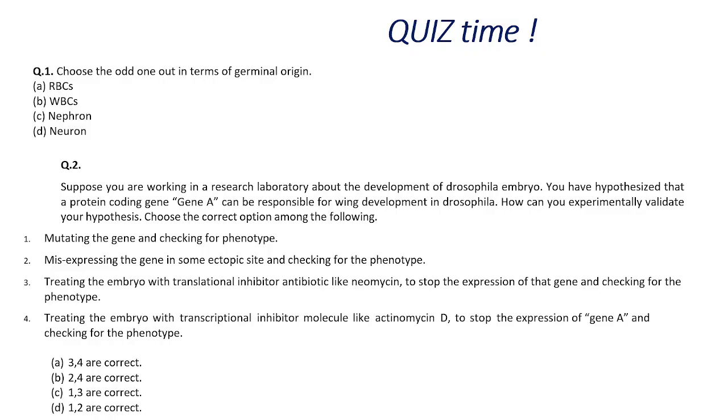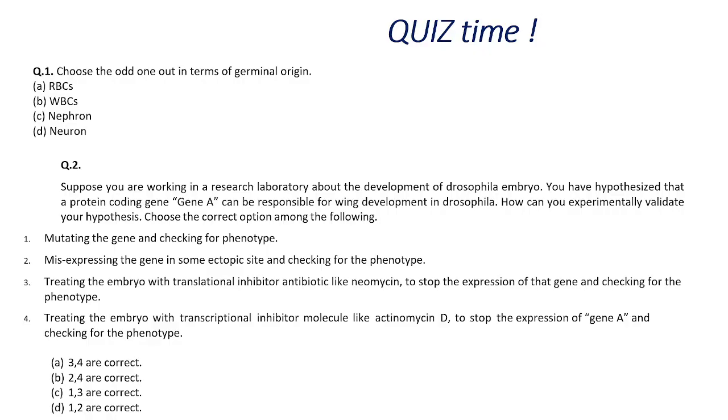If the wings fail to develop, it supports your hypothesis. The second is the gain of function analysis that you have to do, where ectopically expressing the gene, that is expressing it in a location where it's not normally found, and observing the phenotype. If the wing develops in an unusual location, it still supports that the gene A is important.